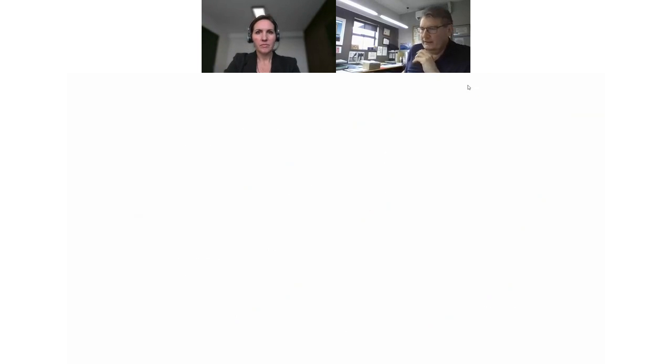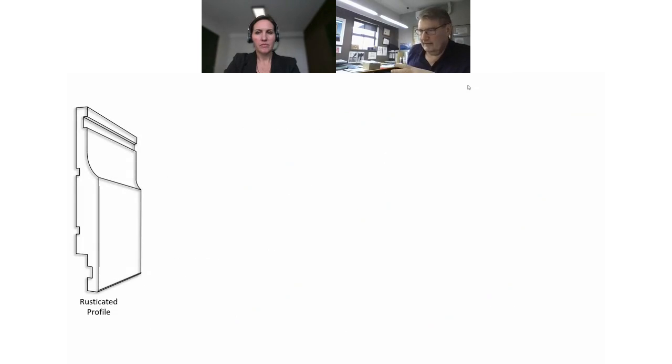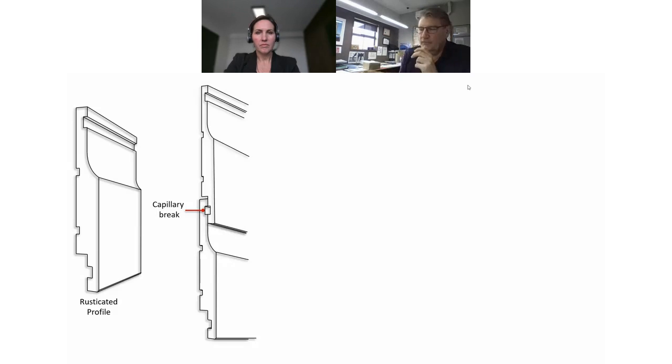Very quickly, this is a rusticated weatherboard profile, and that's a capillary break. They're quite important because as moisture creeps up behind the weatherboard, it helps to break the capillary action. If you've ever wondered what they are, when you put the weatherboards on the house, the builder lines those up with a template so they can get them all in line, so it works well.